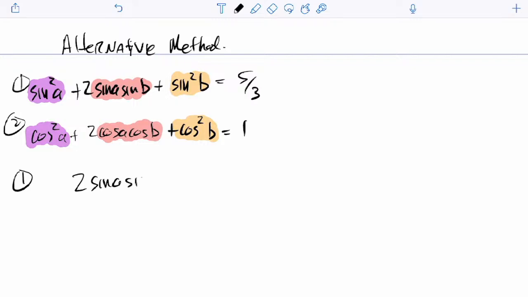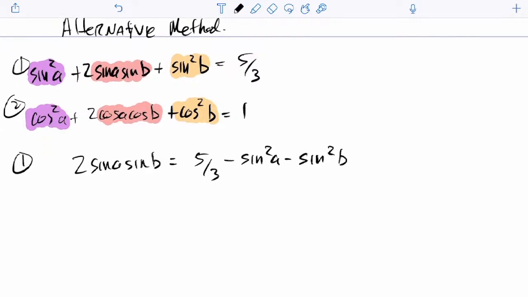So I'm going to isolate for 2 sine A sine B. So you get 5/3 minus sine squared A minus sine squared B. All right, that's me isolating. I'm gonna divide across by 2.